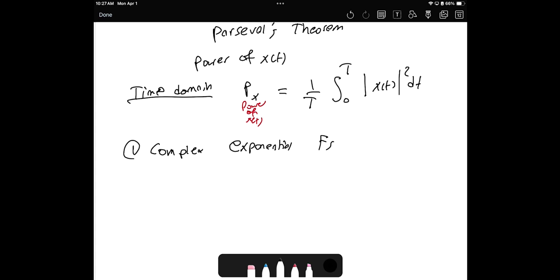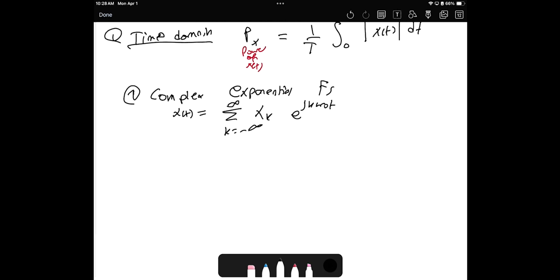Basically, x of t equals the sum from k equals negative infinity to infinity of Xk e to the power jk omega naught t. Then the power of that signal will be the sum over k from negative infinity to infinity of the absolute value of Xk squared.